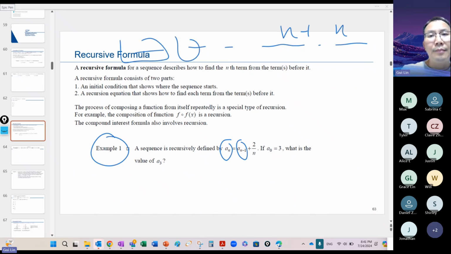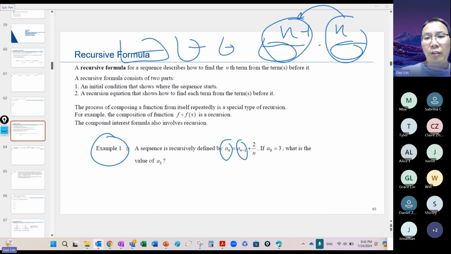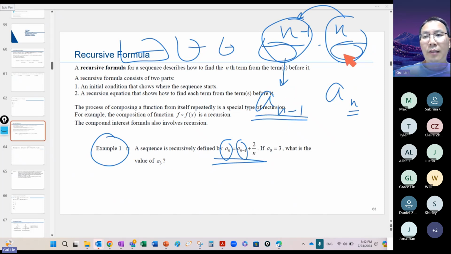We don't know what it is, but we know the relation between this term and the one before it. So the term n is described this way: this term describes this one, and this term's relationship with the previous one is the previous one plus 2 divided by n.